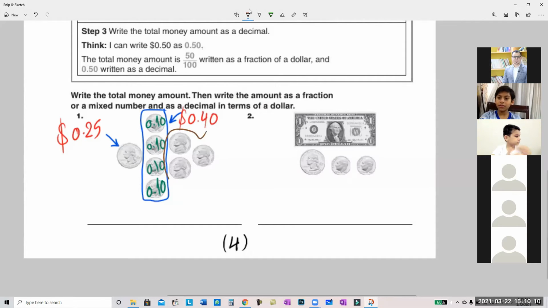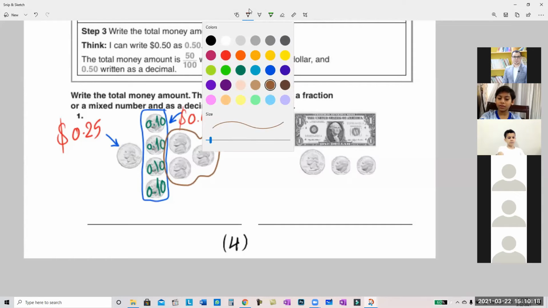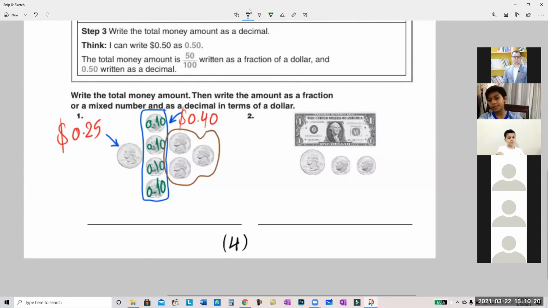Okay, what about this one? We have 3 identical coins here. So what is the name of this coin, Ali? Nickel. Nickel, excellent. So how much of a dollar is each one? 0.05, okay?